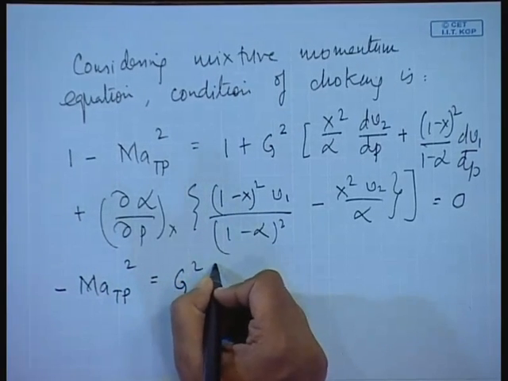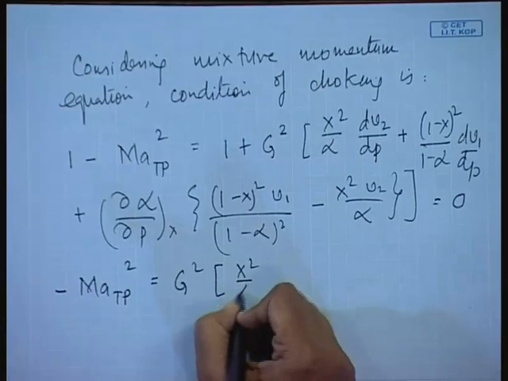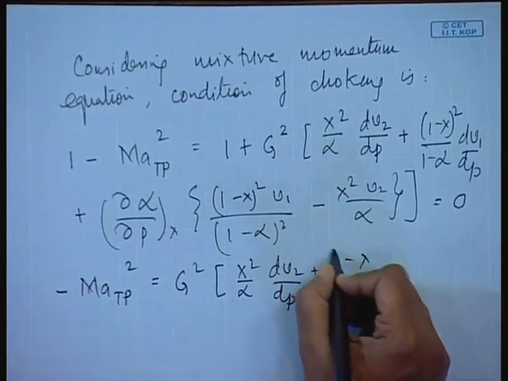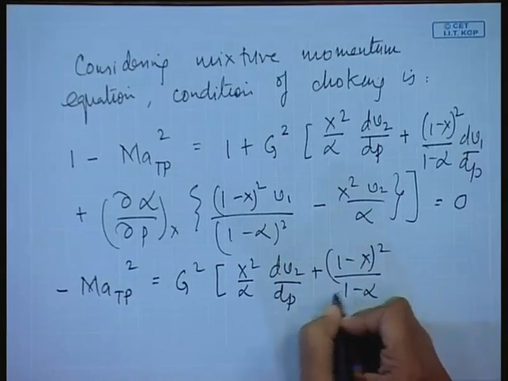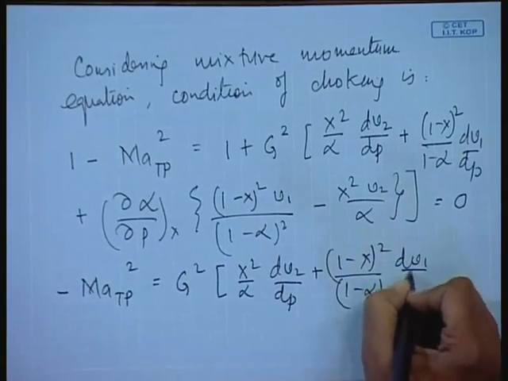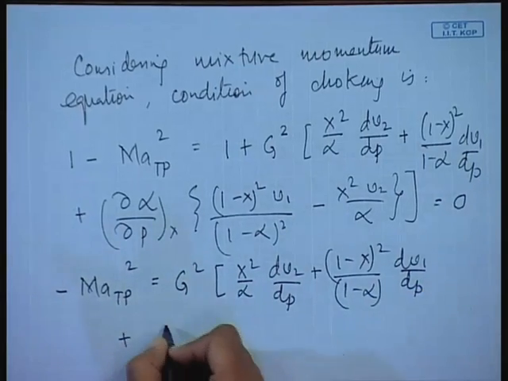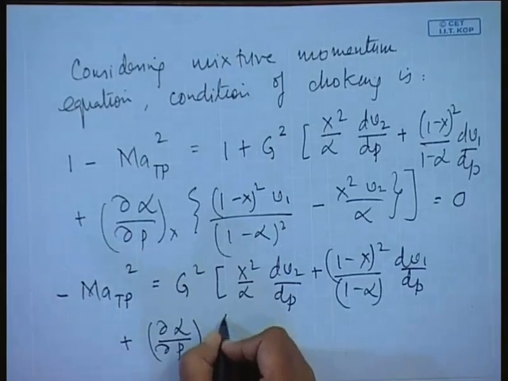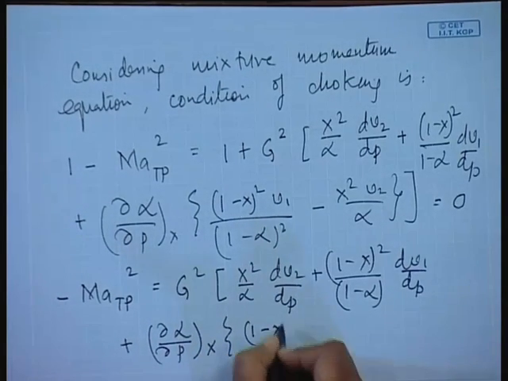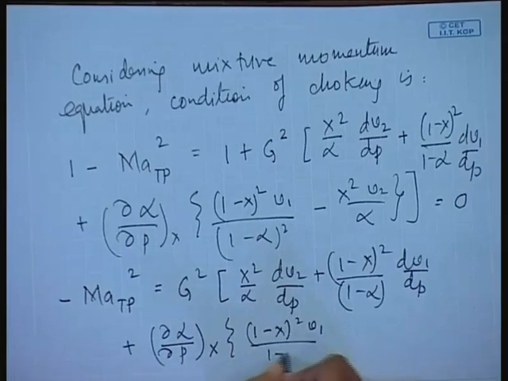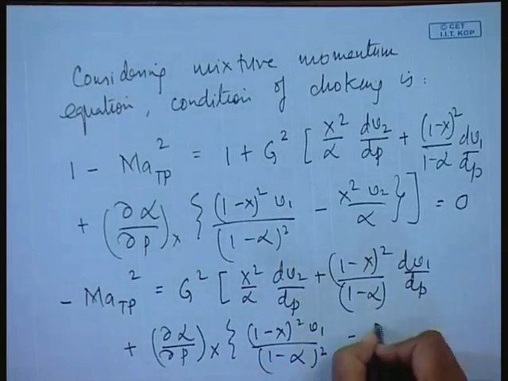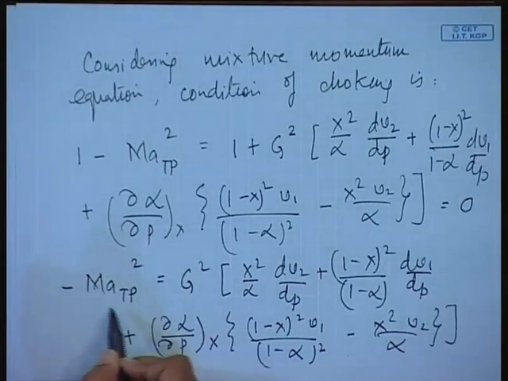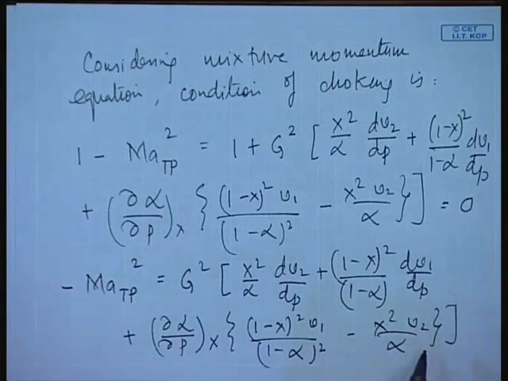This is nothing but G squared into x squared by alpha dv2/dp plus (1 minus x) whole squared by (1 minus alpha) dv1/dp plus del alpha/del p at constant x into [(1 minus x) whole squared v1 by (1 minus alpha) whole squared minus x squared v2 by alpha]. Okay. So, therefore, the two phase Mach number should be the negative of this particular expression.